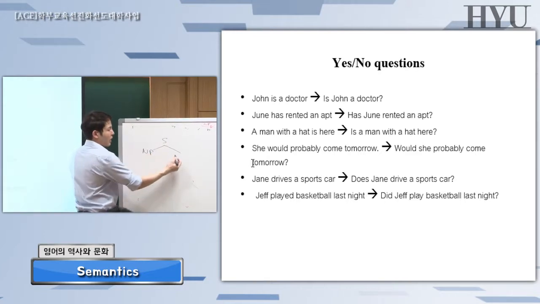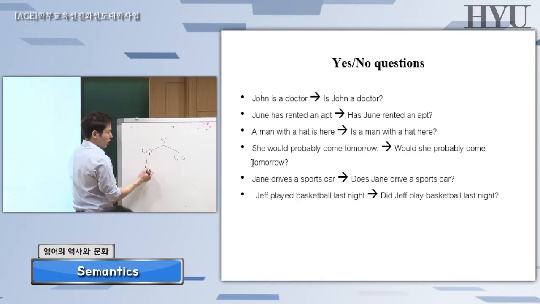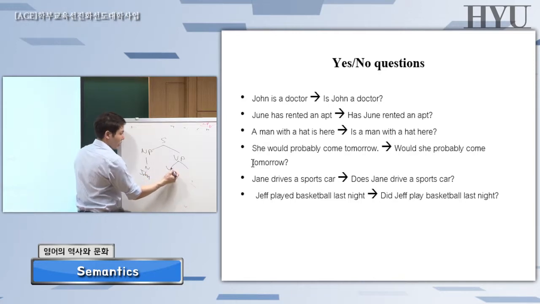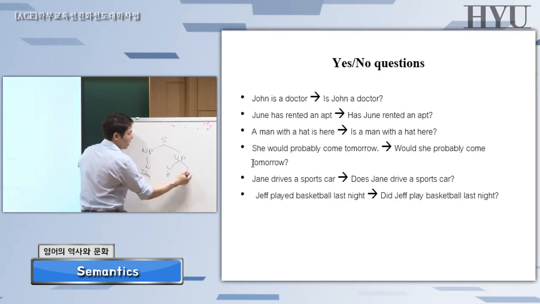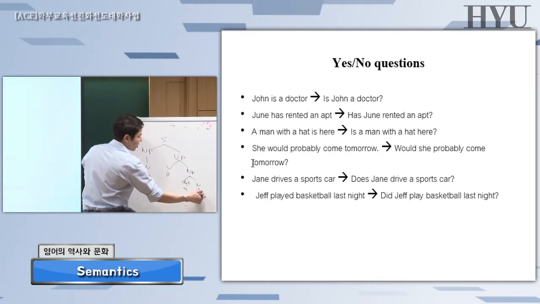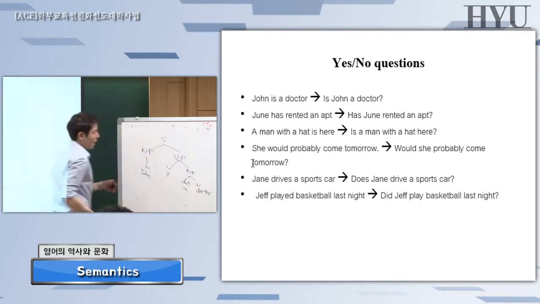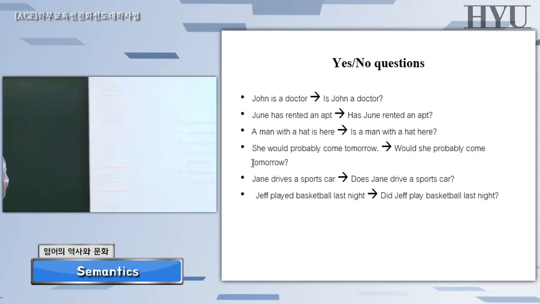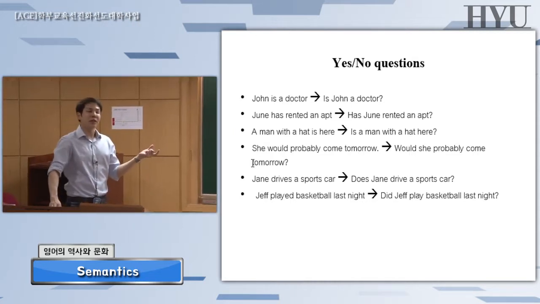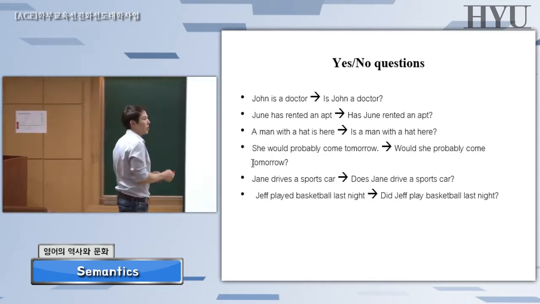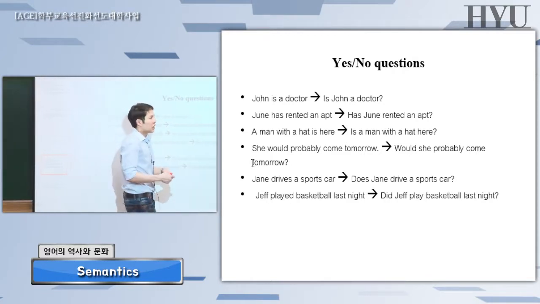The original would be like this: John, is, and then the NP is here. So we have determiner a, and then doctor. So that's the original. Now we say that some transformative steps happen to change it into a question.